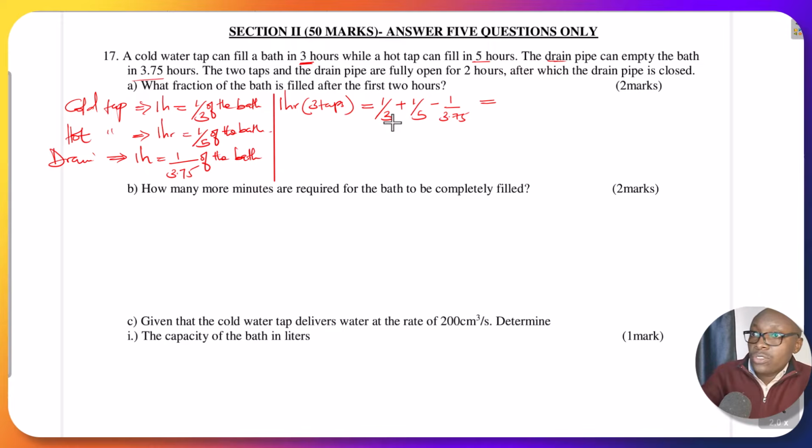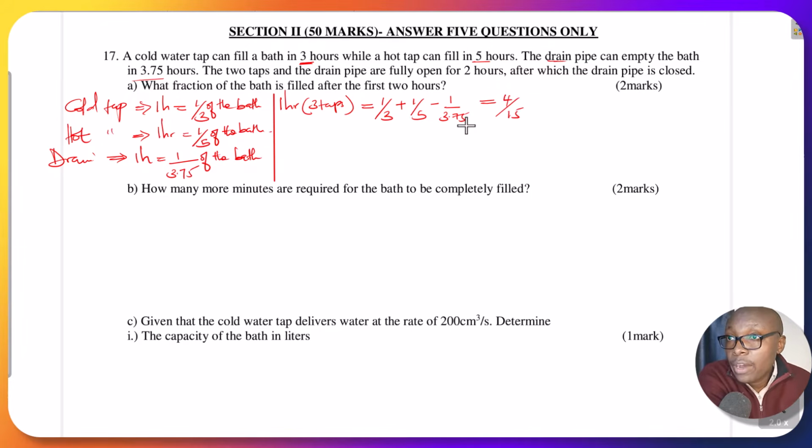So that means in 1 hour, when all the 3 are open, just add these fractions using a calculator. A third plus a fifth minus 1 divided by 3.75 will give 4 divided by 15.